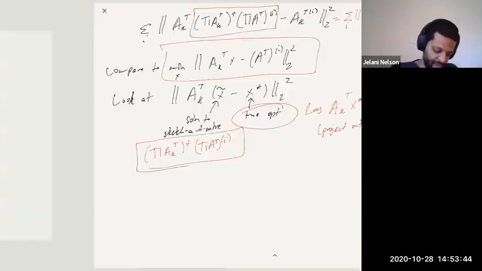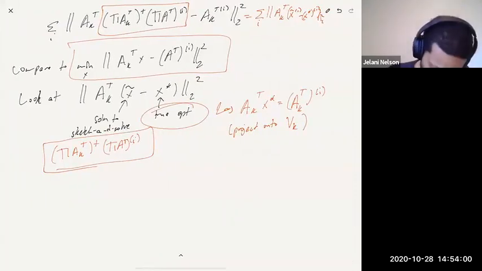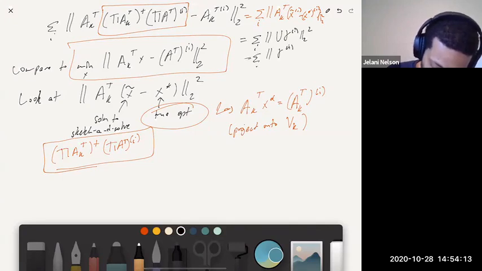And by definition of gamma, from our previous analysis of sketch and solve using AMM, gamma is exactly this difference between A times the sketch and solve solution and A times the optimal solution. So this is equal to the sum over i of U times gamma_i, L2 norm squared, which is equal to the sum over i of gamma_i L2 norm squared.